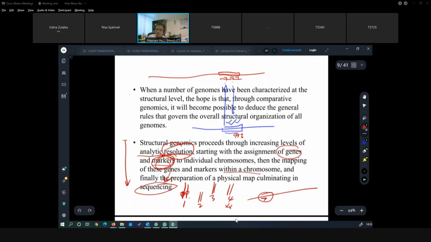You call it a marker, for example. So that increases the resolution slightly, and eventually you manage to identify the sequence of this area. Then you have sequencing, and after that, all the sequence throughout the chromosome you know. So this means the increasing levels of resolution related to the genetic information.